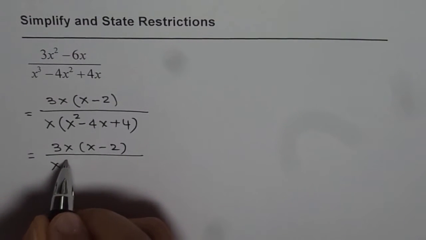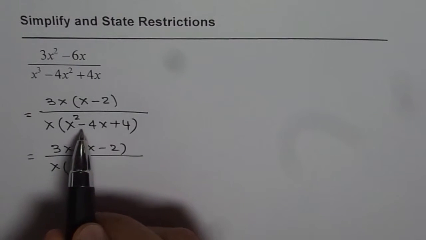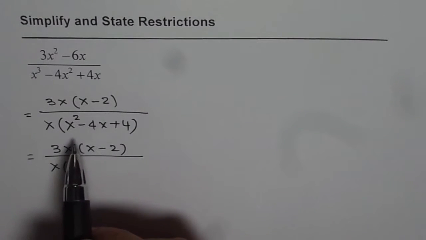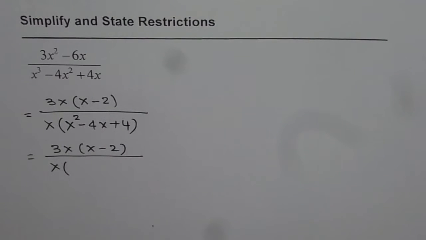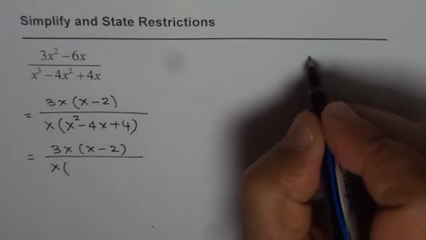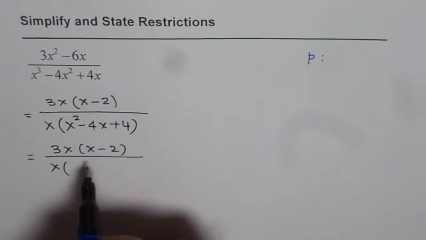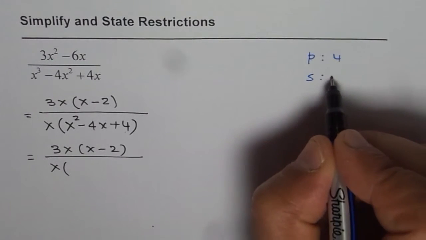The denominator is x times... now the product is 4, 2 times 2, and the sum we need is minus 4. So it should be minus 2, right? So we need two numbers whose product is 4 and sum is minus 4.